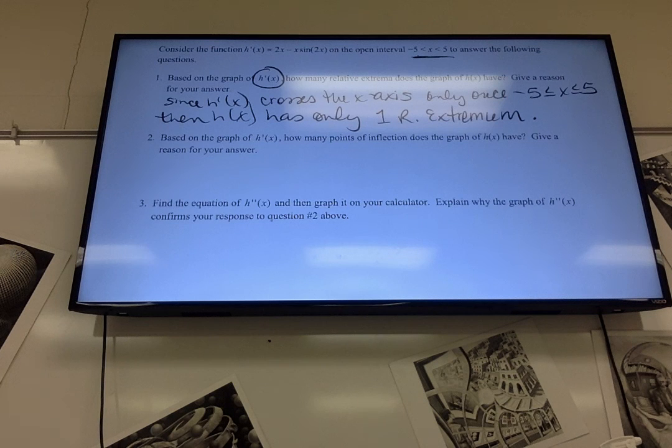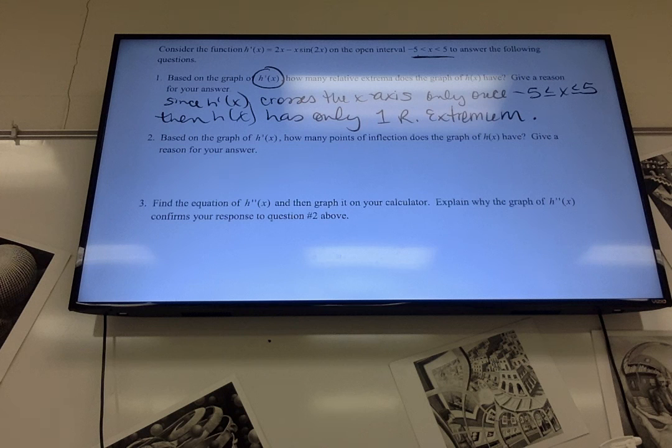Okay. Now, I know how to figure out points of inflection if I have h double prime of x. If I have h double prime of x, what do I do? You set it equal to 0. H double prime of x is when it's equal to 0 or undefined. But this isn't h double prime. This is h prime.